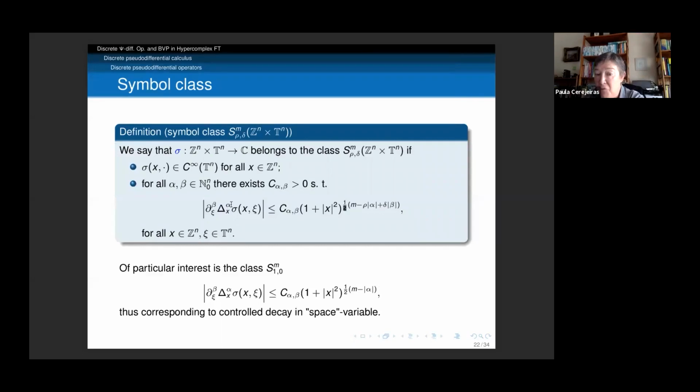But when you have to control the decay of the derivatives and the differences applied to the symbol, you cannot impose a decay anymore because you are in the torus and there is no decay at infinity. So you have to, and that was really a nice idea, make the decay in the lattice variable. If you do that, then the theory goes practically fine, but you control the decay in the space variable, no longer in the frequency one.